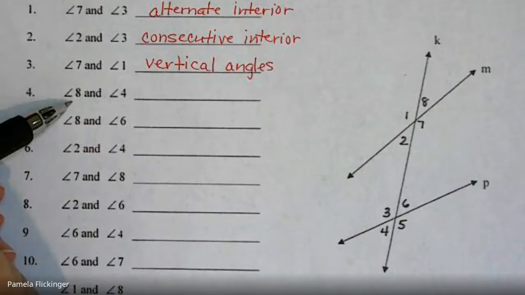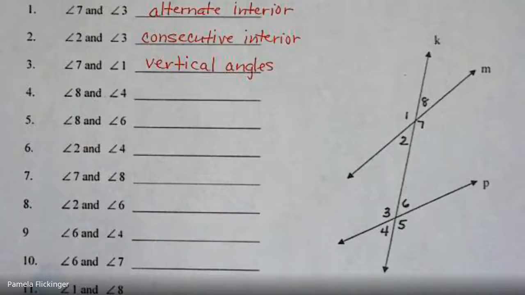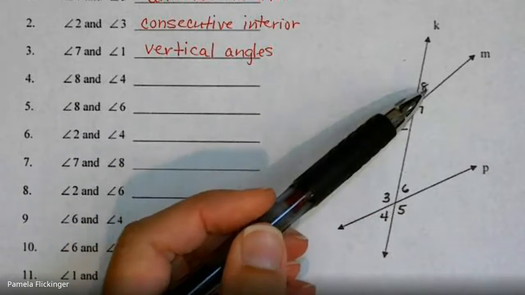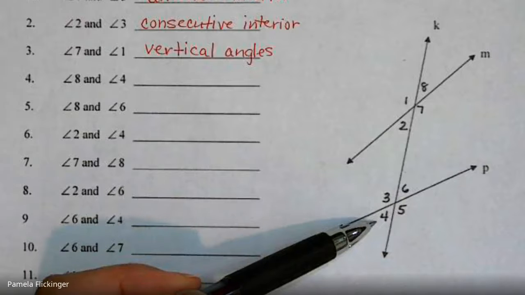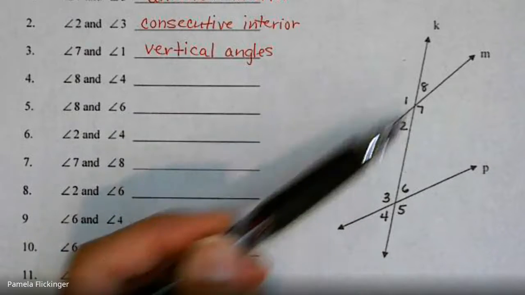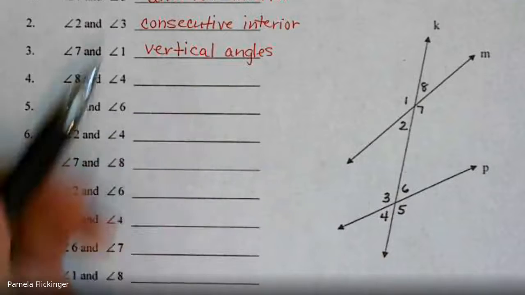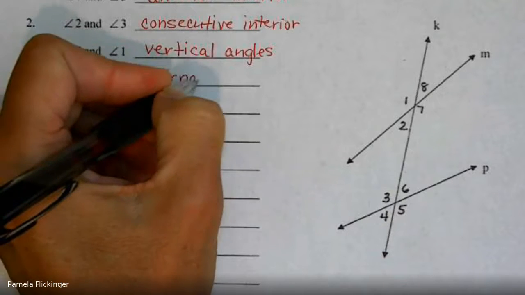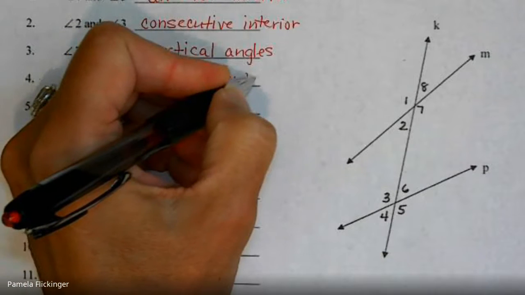8 and 4, notice different clusters. They're on different sides of my transversal and they're both on the outside. So these would be alternate exterior.